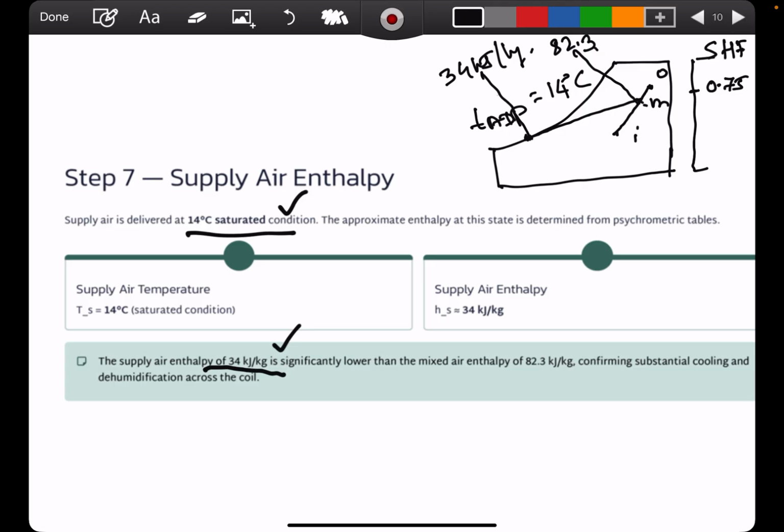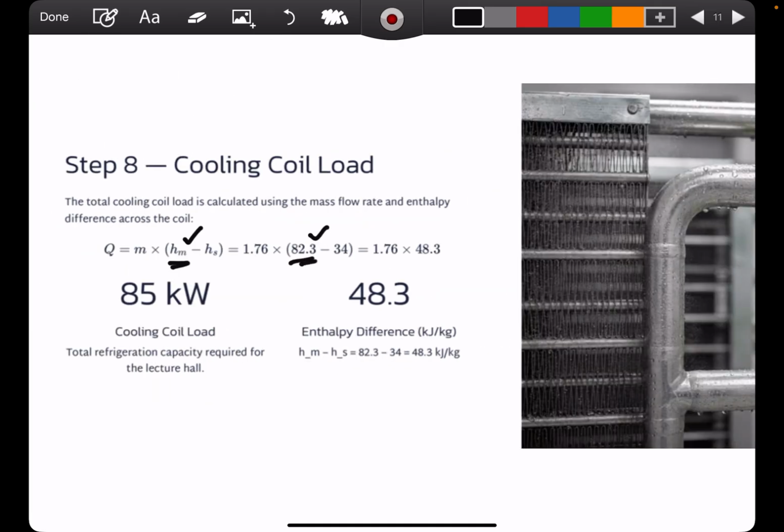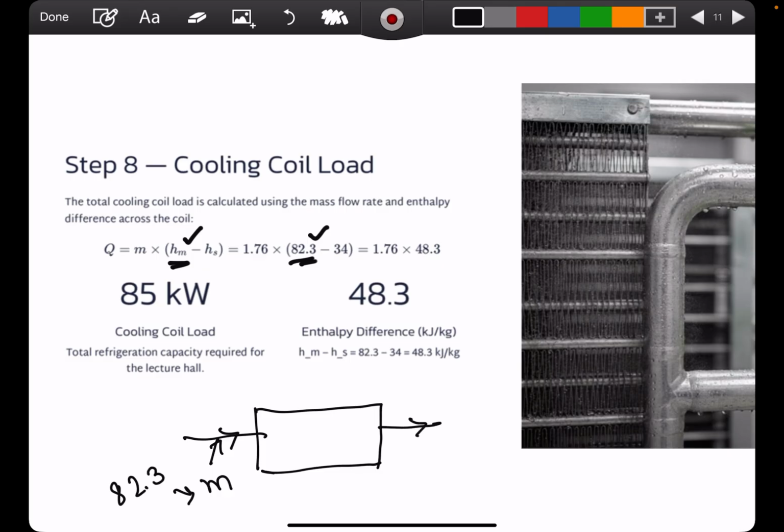So for the cooling coil, it is receiving the air at state M, whose enthalpy is 82.3, and conditioning it to a supply state which is 14 degrees centigrade and whose enthalpy is 34 kilojoule per kg. State M means mixed state. So mixed state enthalpy is 82.3 and the outlet enthalpy is 34 kilojoule per kg.